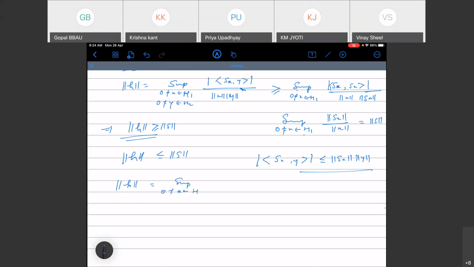This is the definition of norm of h. Now use Cauchy-Schwarz here. This is norm sx norm y over norm x norm y. Norm y gets cancelled, supremum over x in h1. So this is norm s.